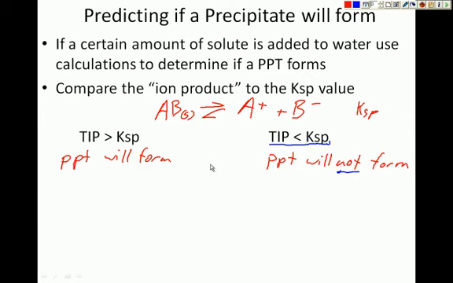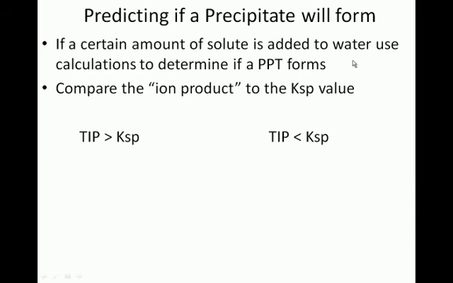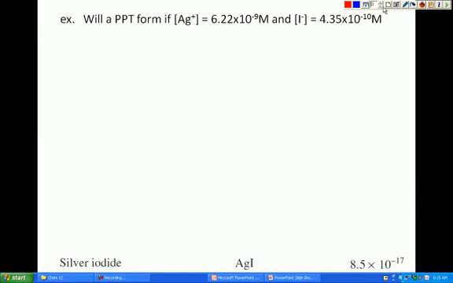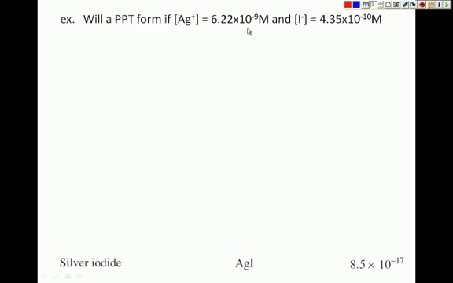Okay, so again, we're going to be comparing our trial ion product to the actual Ksp from our charts here. Now let's take a look at a real problem. Here we see a question that says, will a precipitate form if we have a concentration of silver at 6.22 times 10 to the minus 9 and a concentration of iodide ions which is 4.35 times 10 to the minus 10?